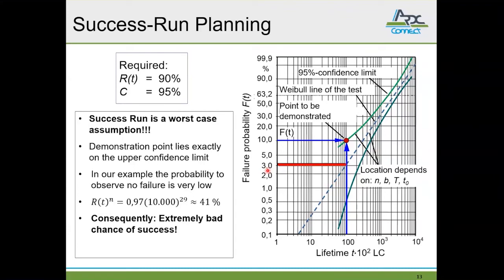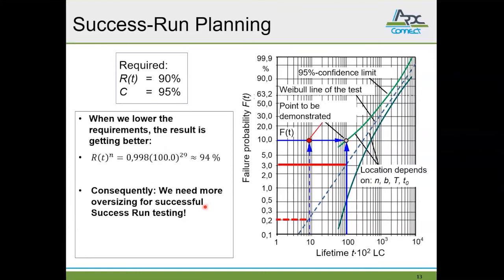So 29 samples with 3% failure probability is resulting in a, let's say, system reliability of only 41%. So in this scenario, the probability of not observing any failure would just be about 40%. And I think this is an extremely bad chance of success. So in this worst case scenario, you will never be able to get a successful result in your test because the chances are very low.